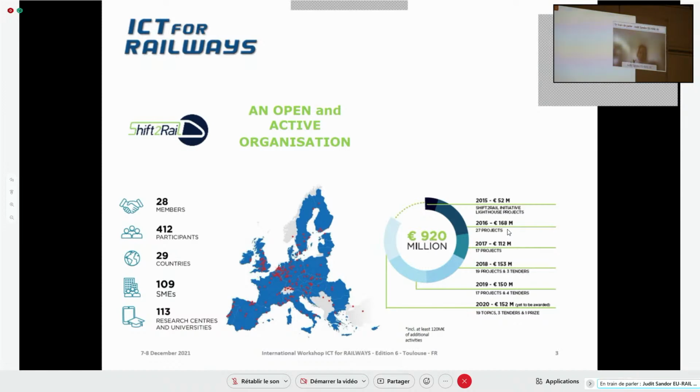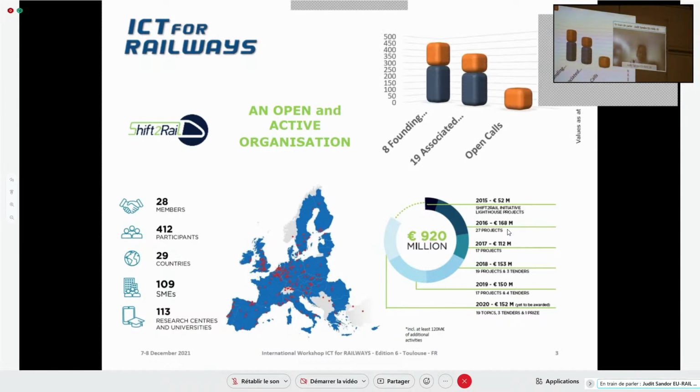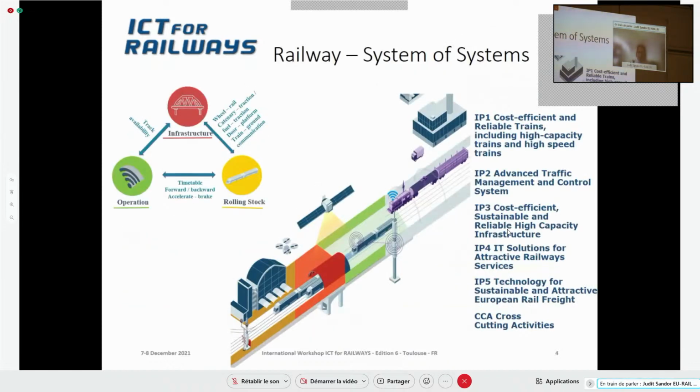If we go to the next slide, this is showing the program of the joint undertaking. And as the title also says, the railway is a system of systems.